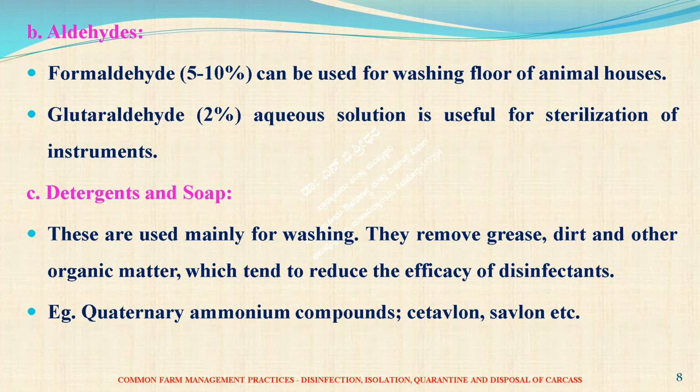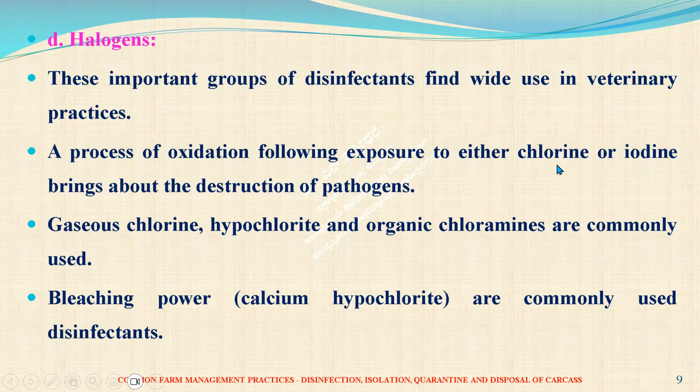And detergents and soaps are also used mainly for washing grease, dirt and other organic matter, which tend to reduce the efficacy of disinfectants. Examples are quaternary ammonium compounds like Savlan, Cetavlan, or chlorhexidine solutions.